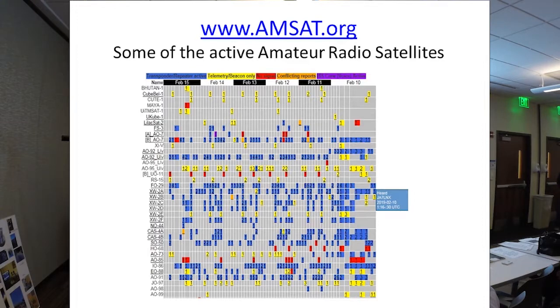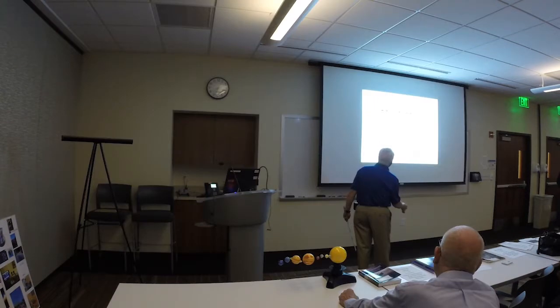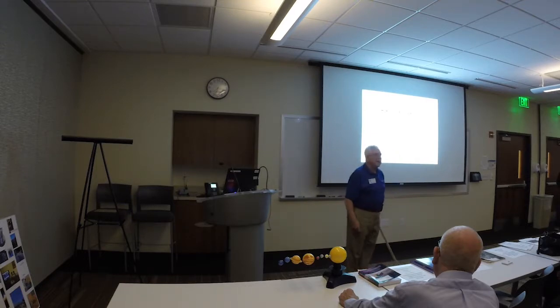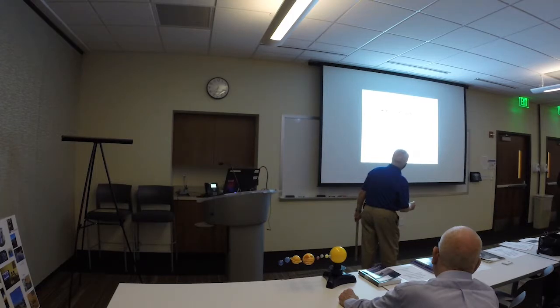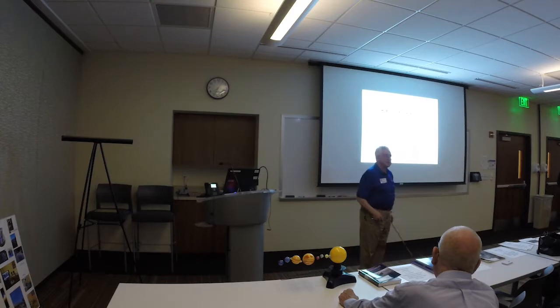This is between February 15th and February 10th. If you go over this with your mouse, it'll tell you who talked to it. This particular individual is JA7. JA7 is in, I think, Japan. So he was talking to someone on this particular satellite, on the date, on the time. Notice it's all universal standard time.